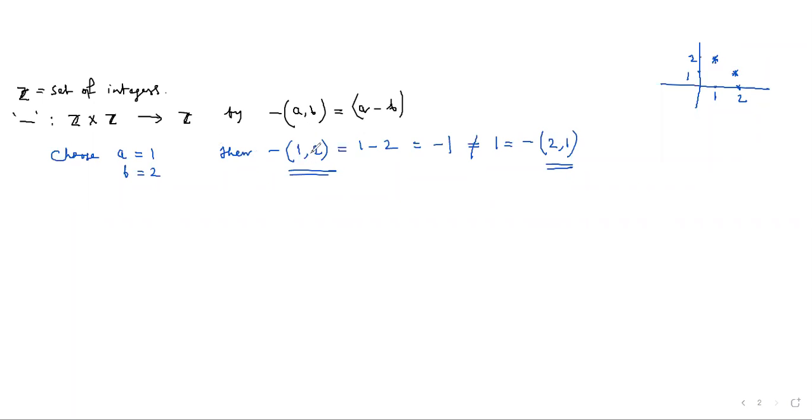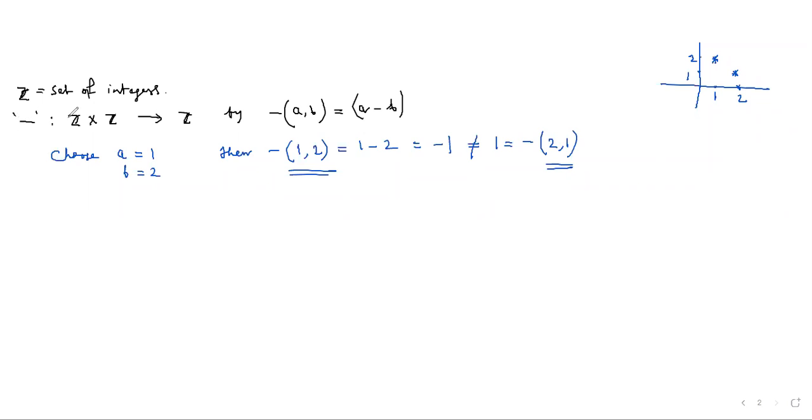So if you do not write the word ordered, then there will be some trouble, because if we change the order, or you can say the positions of the two elements, then when the binary operation acts on it, the outcome is not the same. But this is not happening in case of multiplication, and this is not happening in case of addition, but this is happening in case of subtraction.